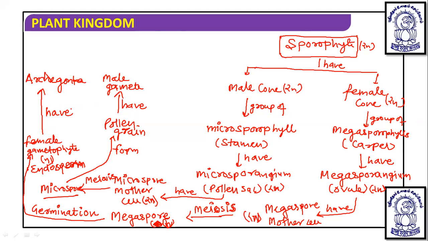And these archegonia have the female egg cell. That egg cell is haploid.